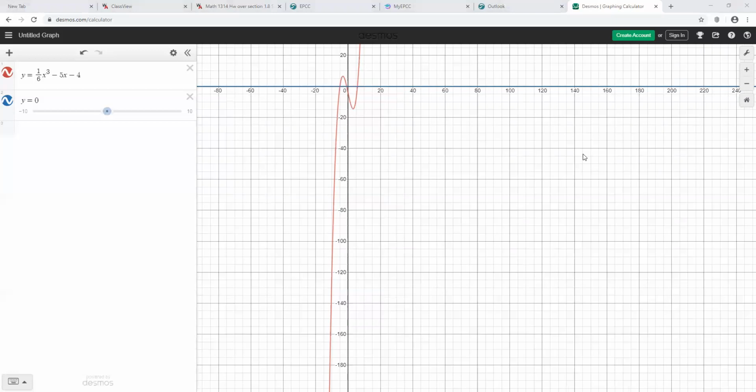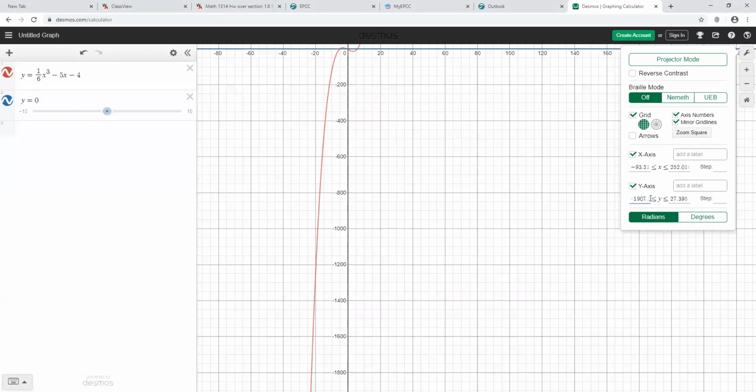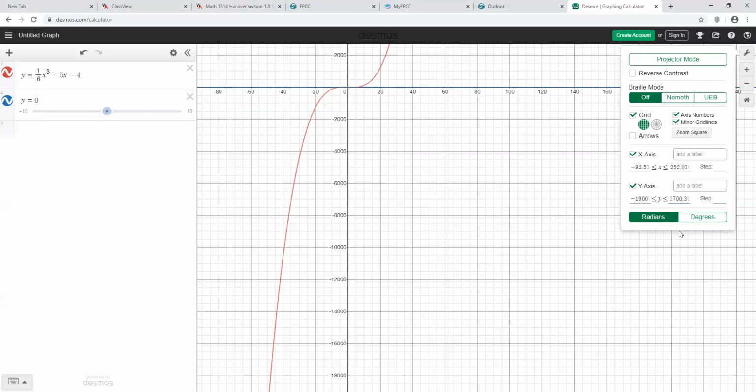If I change the perspective, which means the scaling, then you'll see it differently. So let's say I make this like 1900 and make this 2700. So now it's more obvious.